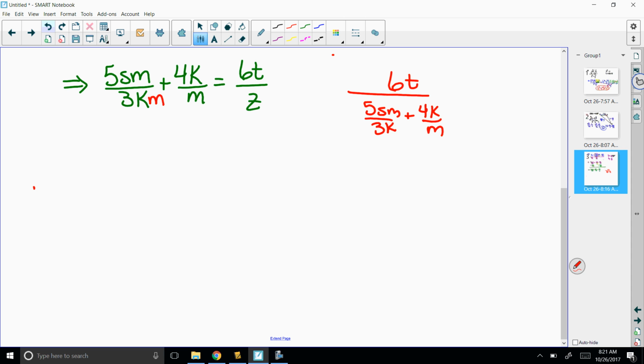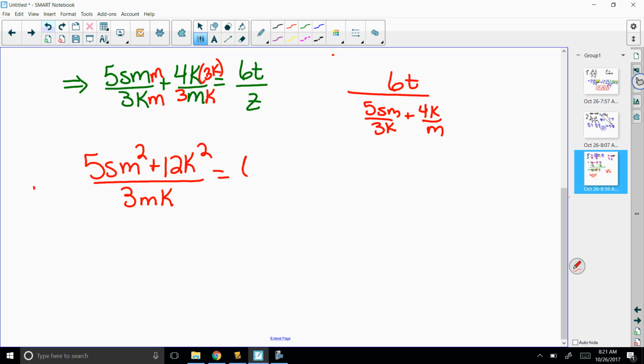So I have to take the first fraction times M and the second one times 3K. So that gives you 5SM squared plus 12K squared over the common denominator of 3MK. And that's equal to 6T over Z.